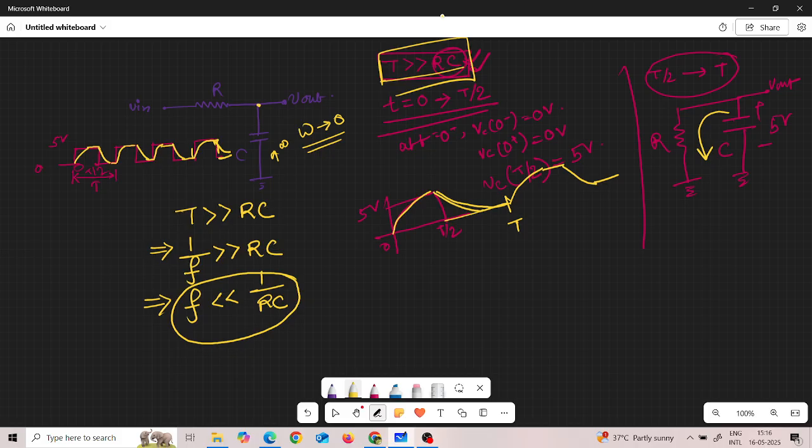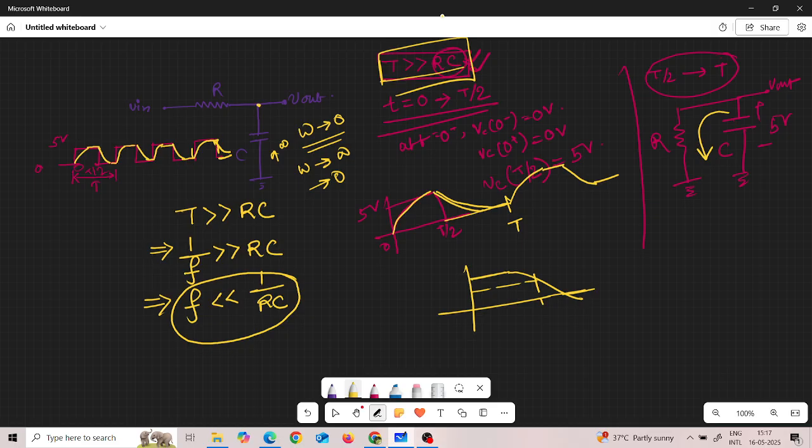But if omega tends to infinite, the capacitor is a short circuit, so whatever the input, your output will tend to 0. With respect to frequency, it will look something like this: after a certain frequency it will decrease. This is our 3 dB cutoff frequency. This is basically the structure of a low pass filter.